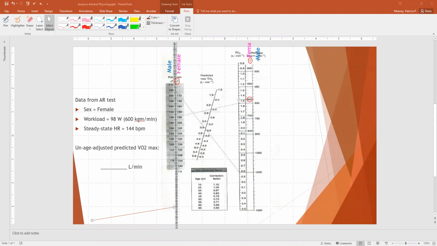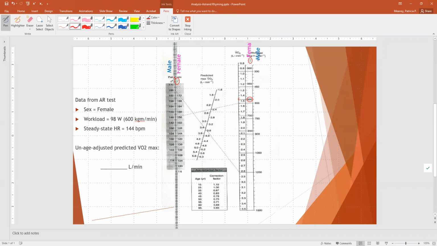We're actually going to plot a point right here, so we're using the edge of the nomogram when we're plotting points. I'm going to put a point right here for my workload.